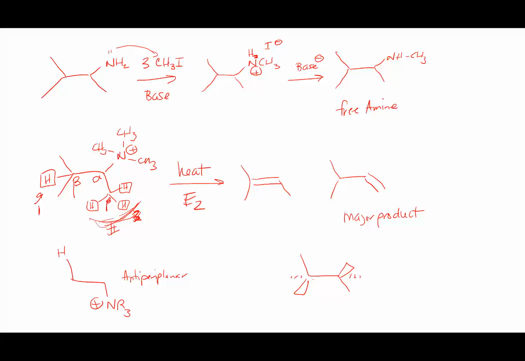So that you're going to have to take a beta hydrogen and rotate it to figure out whether you get the E or the Z isomer. So we'll talk about that on Friday.